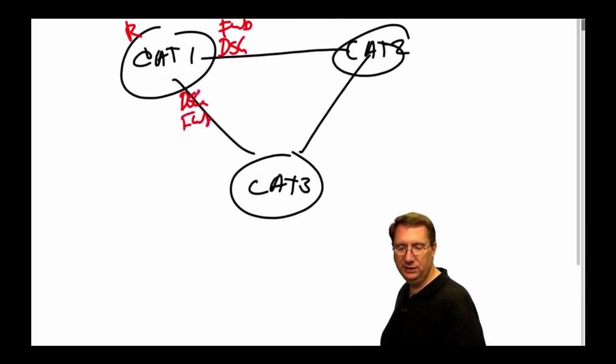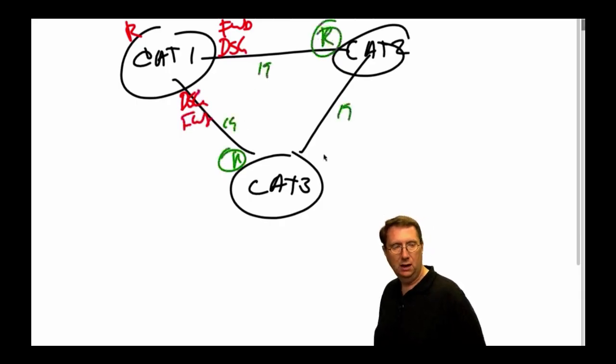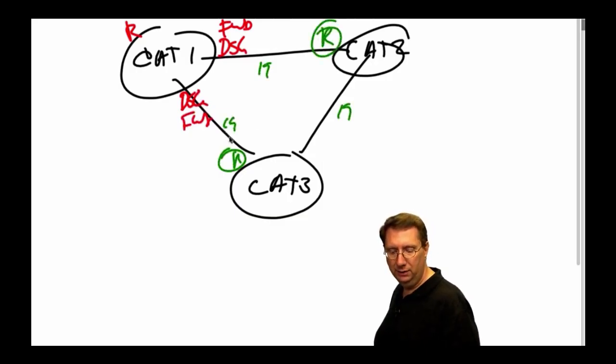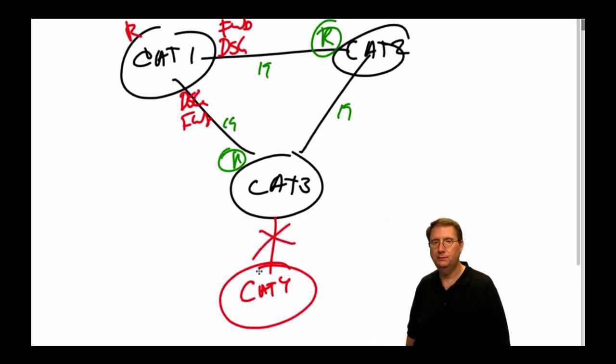That means these are root ports, assuming that our cost is 19 on all of our links. And what we're going to do here is, let's go ahead and add another switch down here. Let's say Cat 4. What happens when this link drops or dies?